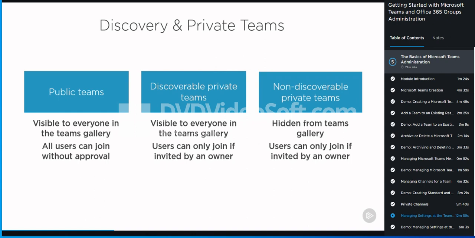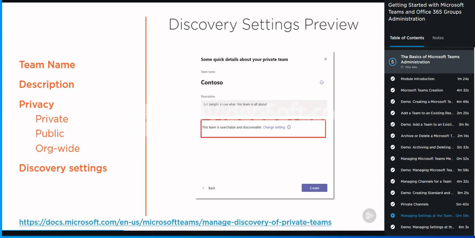Next up, at the team level, we can also set the member permissions. First option is, do we want to allow members to create and update channels, with some options specific to private channels? This can be useful, for example, as we talked about private channel permissions earlier.